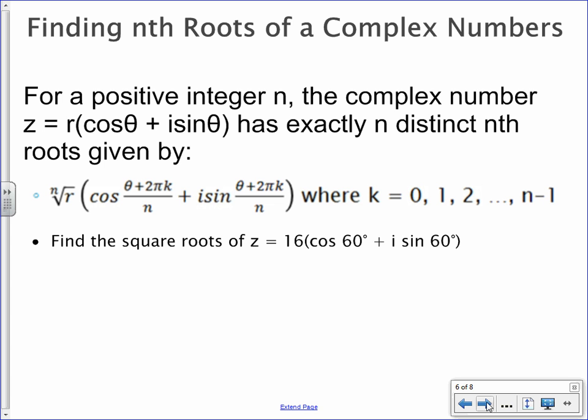So for a positive integer n, the complex number has exactly n distinct nth roots given by this formula. And this formula has a name, and I'm not going to say it right. If anybody's in French, you could probably help me out.